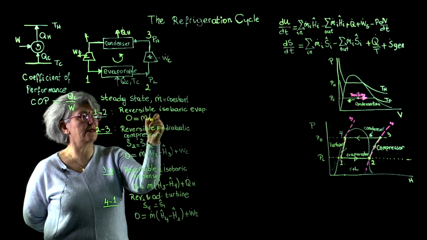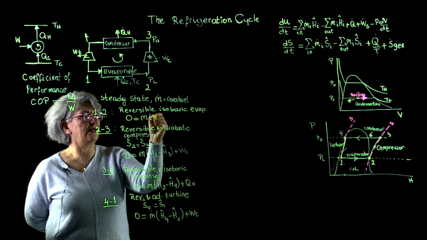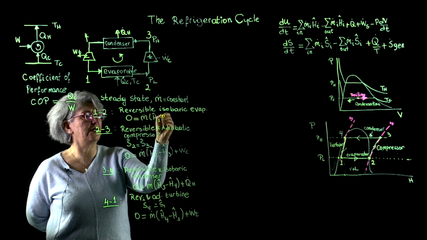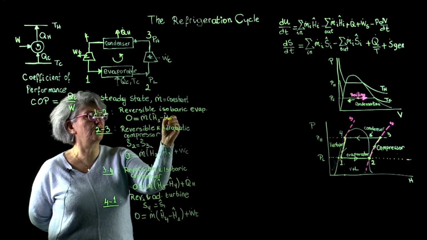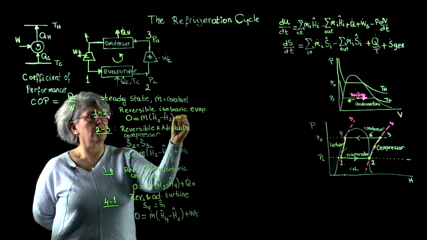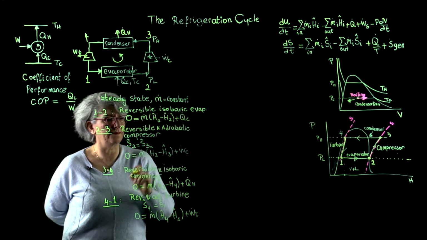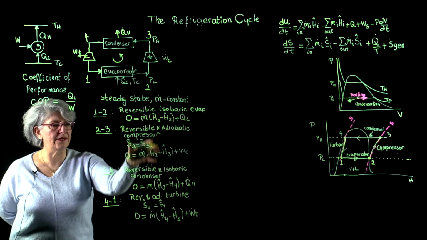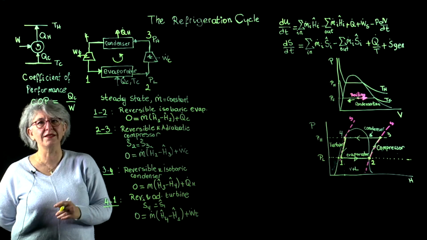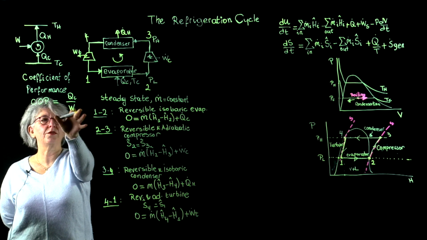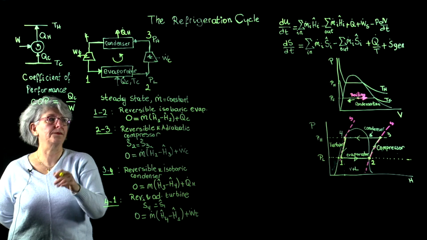M dot that is constant, inlet is H1, outlet is H2, and this is Q sub C. So with this set of energy balances, now I can calculate the coefficient of performance.